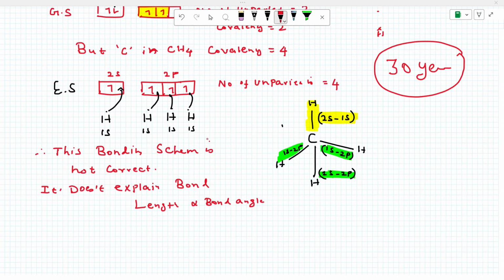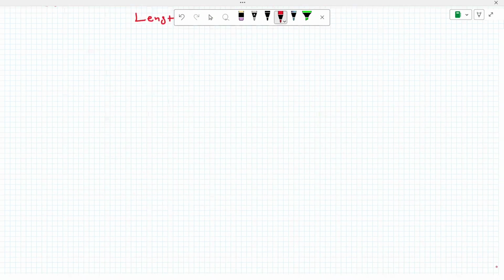Therefore, we need one more concept that can explain the bonding nature of CH4. That concept is called hybridization. The hybridization concept clearly tells that all the carbon hydrogen bond angles and bond lengths are the same. How, we are going to discuss now. Please note down the concept of hybridization, why we need hybridization, and then the application. Please note.